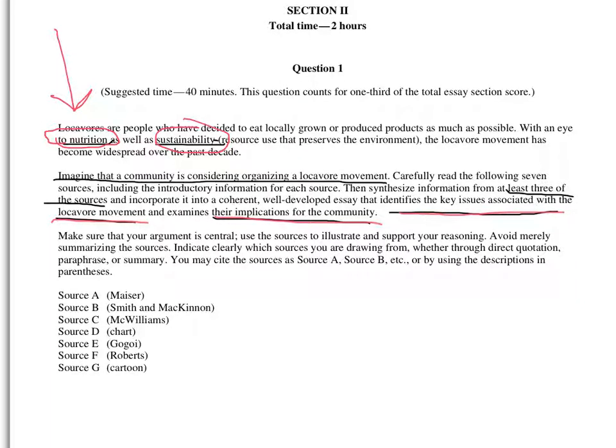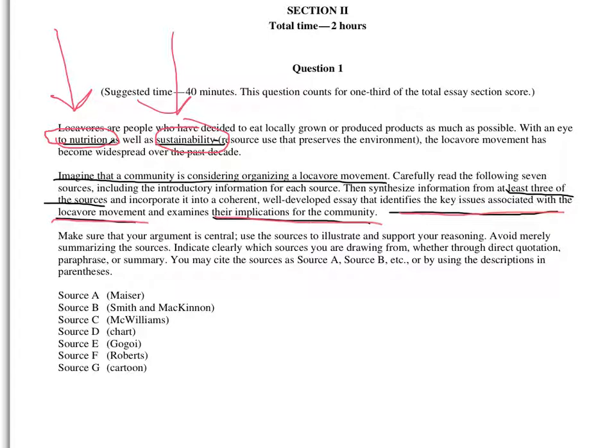If you decide to eat locally grown produce in your community, does it have a massive impact on your health and your nutritional intake? And again, if you do the same with sustainability, by eating locally, are we making the world a better place? Are we reducing our carbon footprint? Are we ensuring that the generations to come will live in a world in which the food is of as good a quality as it is today?